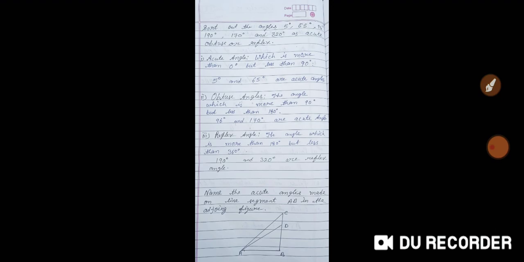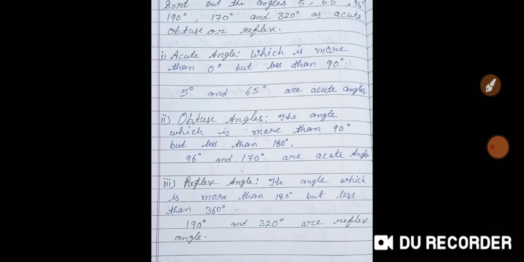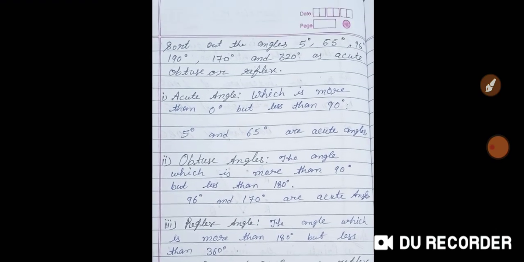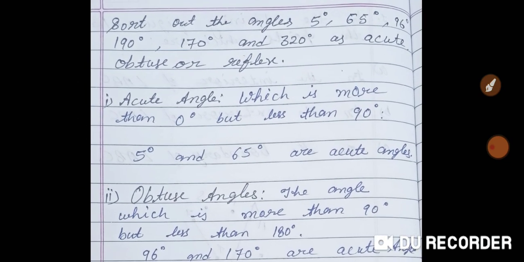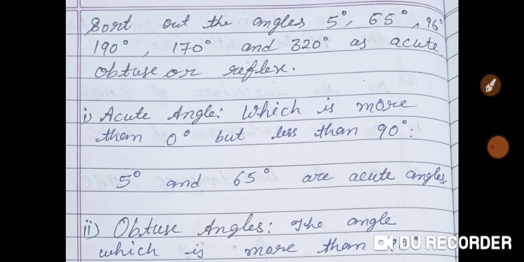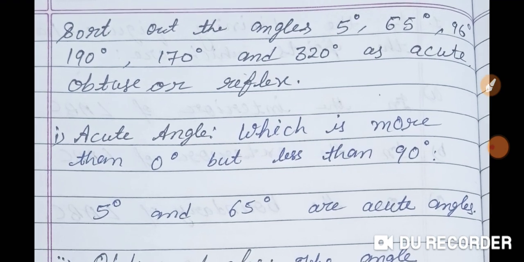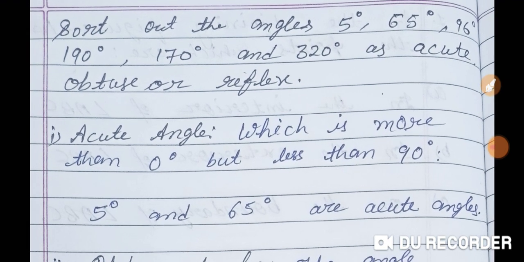Now question number 2. Classify the angles 5 degree, 65 degree, 96 degree, 190 degree, 170 degree, 320 degree as acute, obtuse or reflex angle.